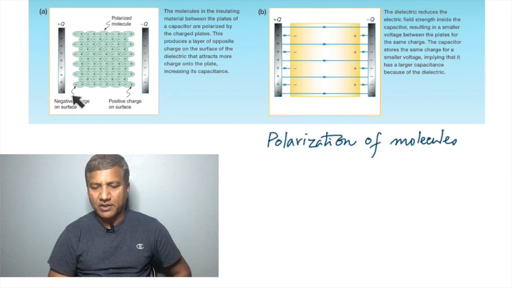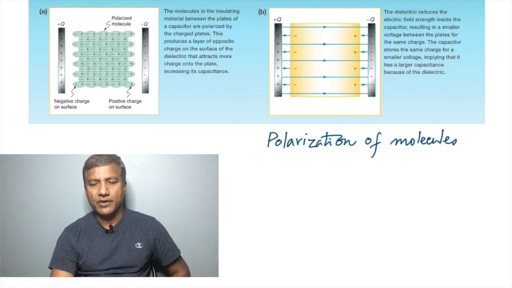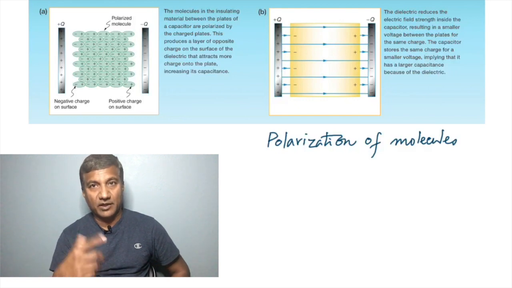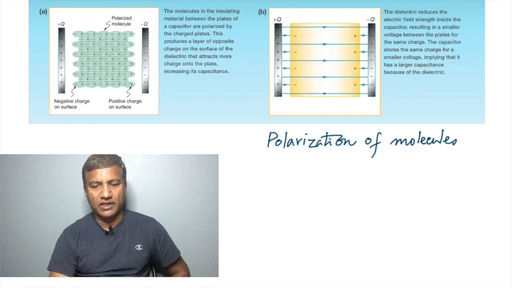So that's actually a polarized atom. Because of this polarization, there is a reverse electric field set up in the material. Remember that the plates were positive and negative on the left and the right. So the electric field was originally from positive to negative in the capacitor, but because of polarization within the molecules, we have a field that points exactly in the opposite direction.